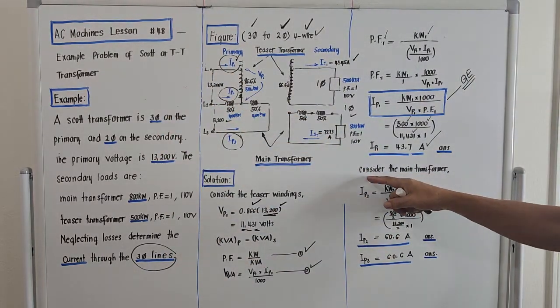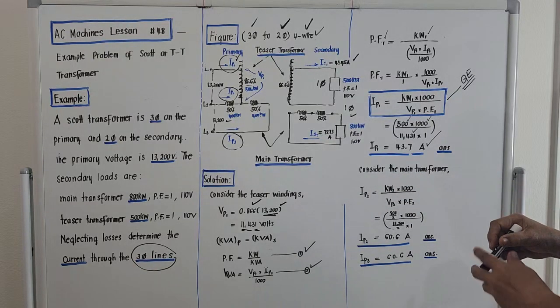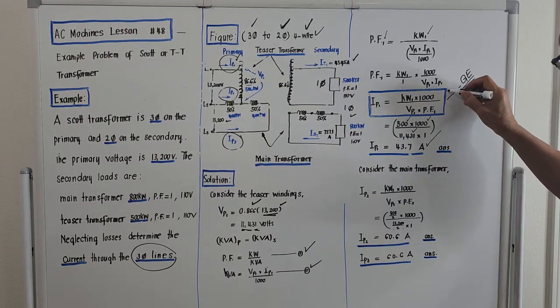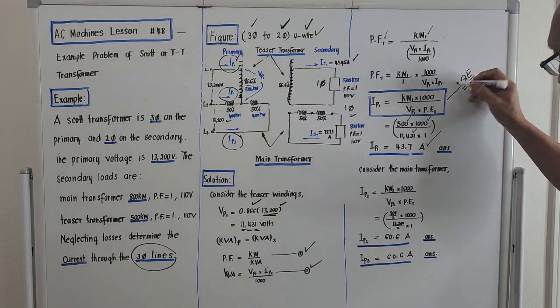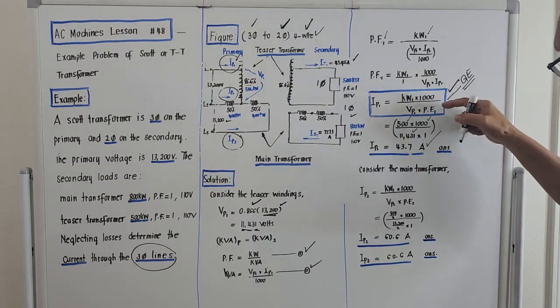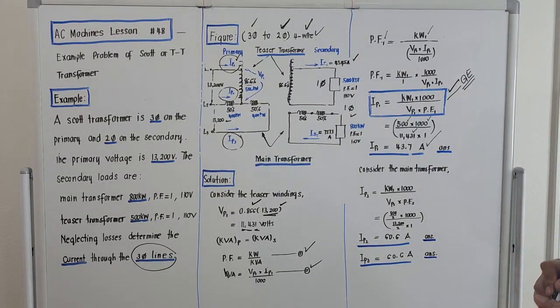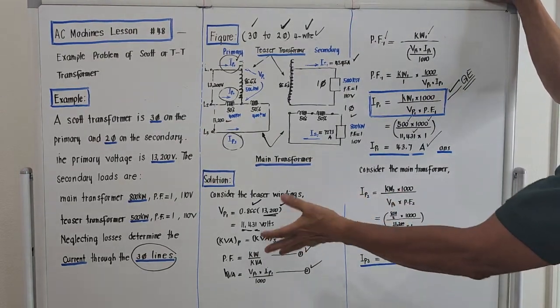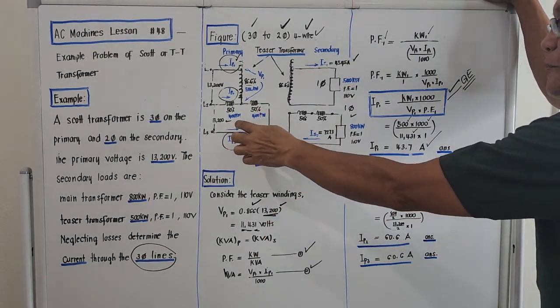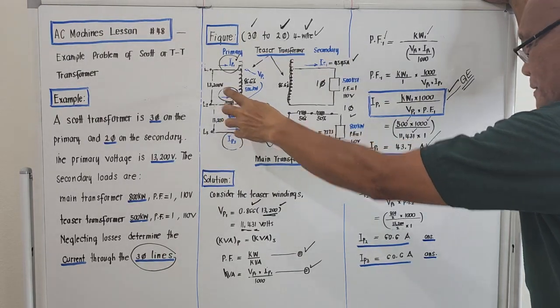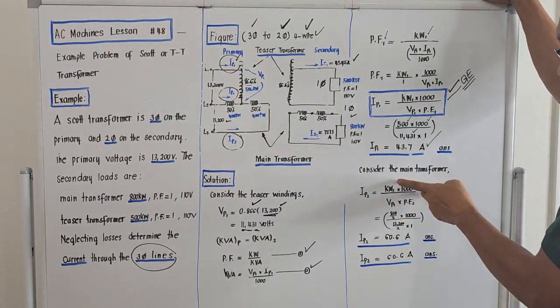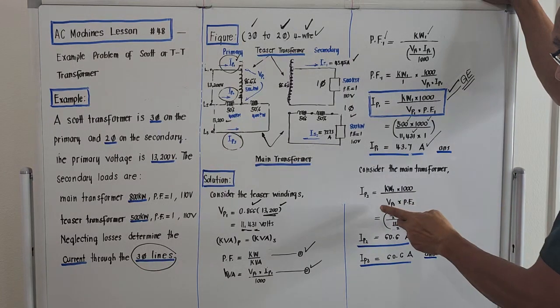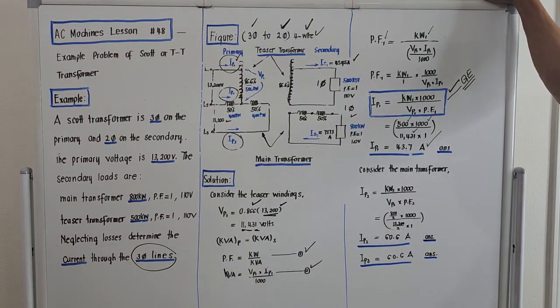So consider the main transformer. Again, using this formula, but we will now change the subscript. It will now be IP2. IP2 now will be kilowatt number 2 times 1000 over BP2 times power factor number 2.